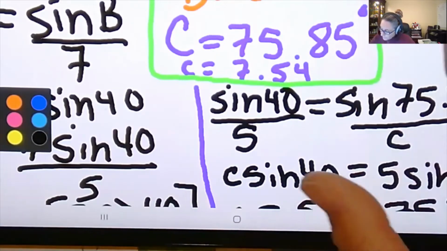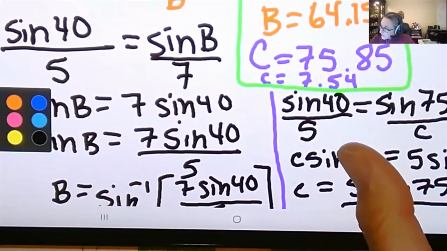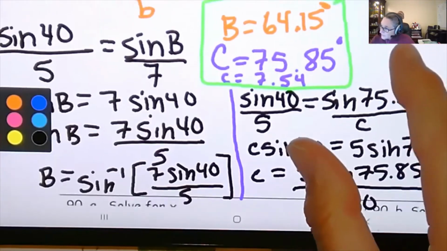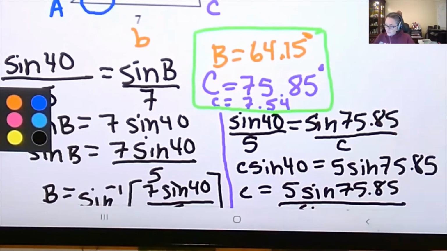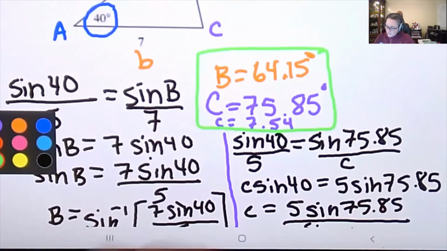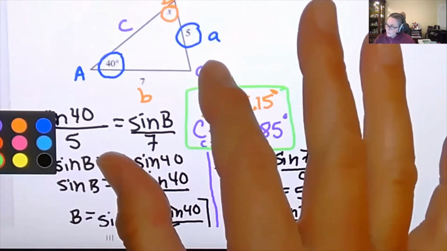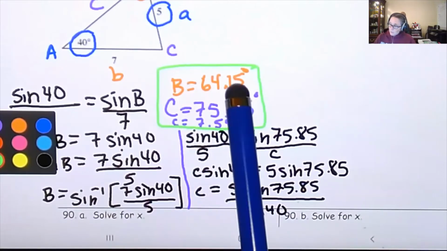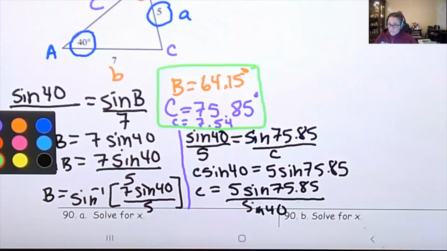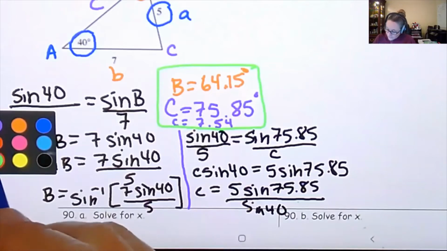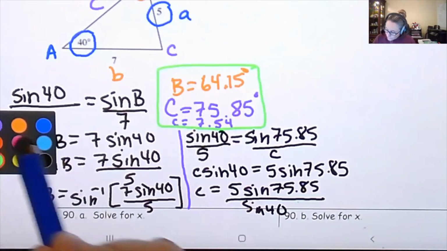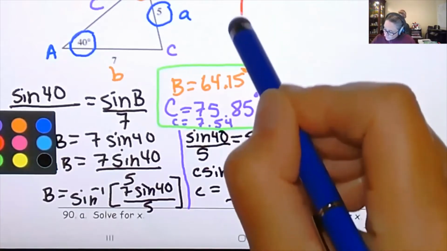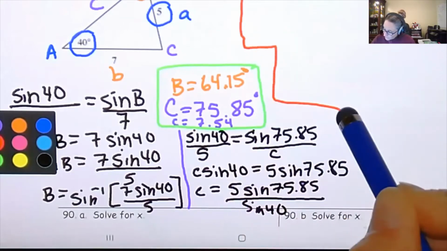Okay, now remember, this was side-side angle, so that means I could have had a different angle value besides this angle B here, okay? So we had gotten the 64.15. It could have been the other one. And to find the other one, what you're going to do is, and let me just kind of draw a line just to split this.